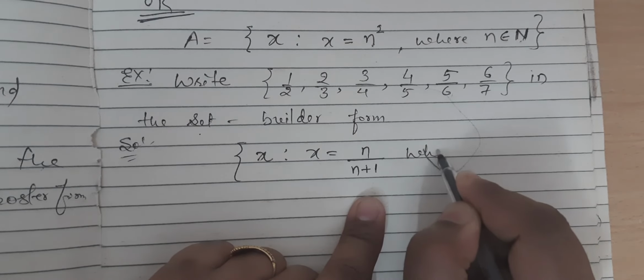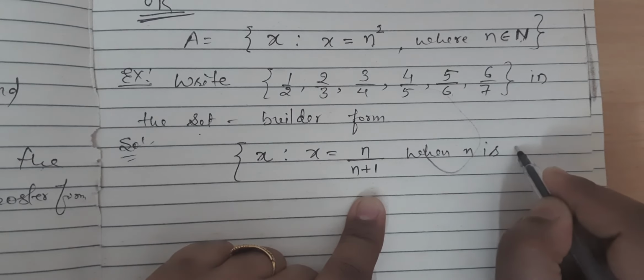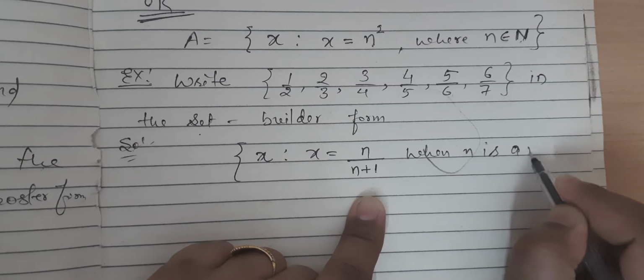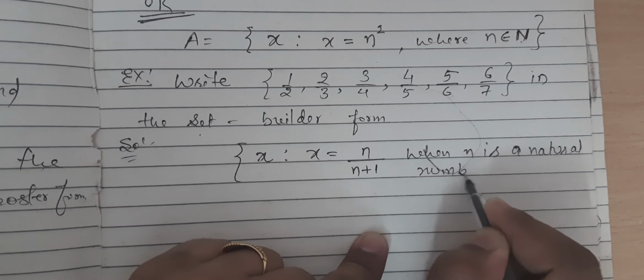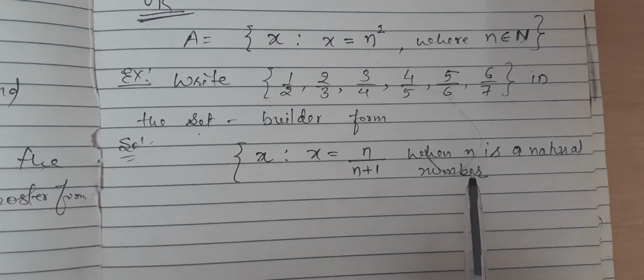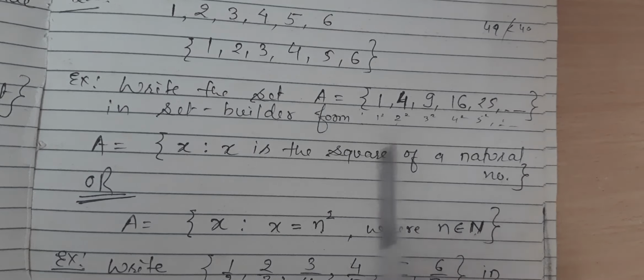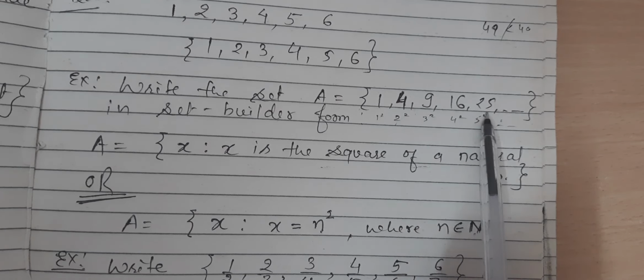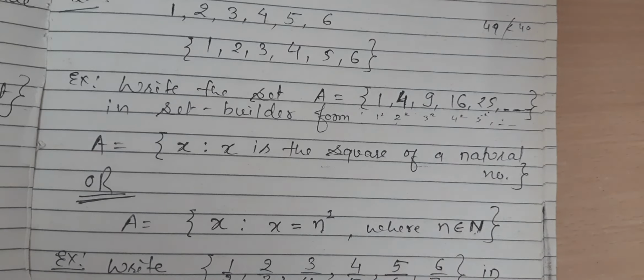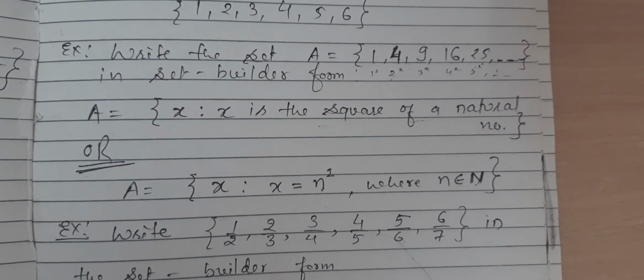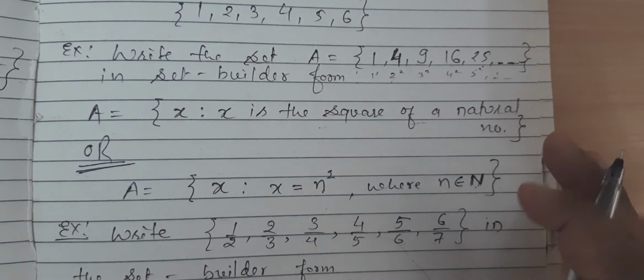So where n is a natural number. In the previous question, it was sufficient to write n is a natural number because there is no limit. It is an infinite set; it goes on. Later we will discuss what finite and infinite sets are.